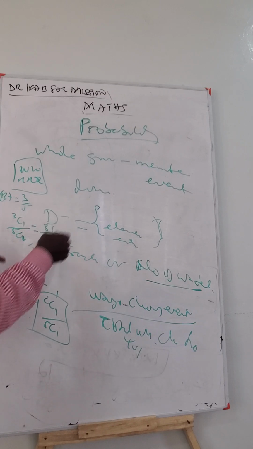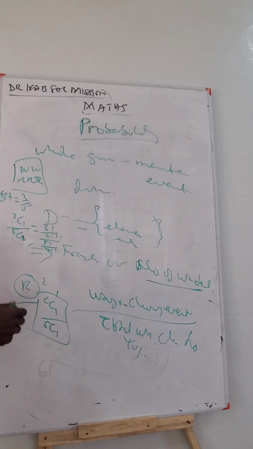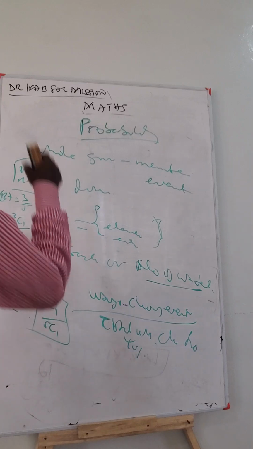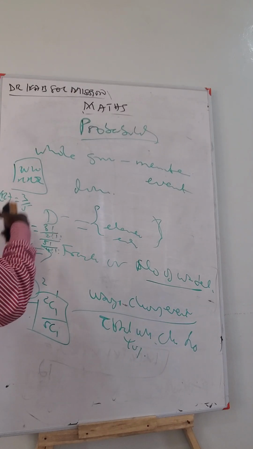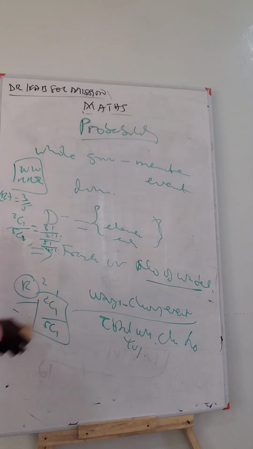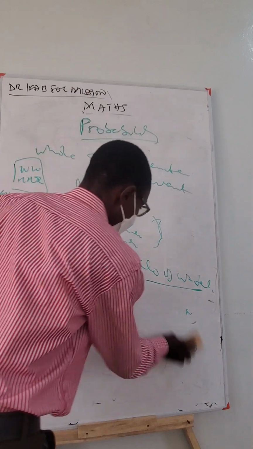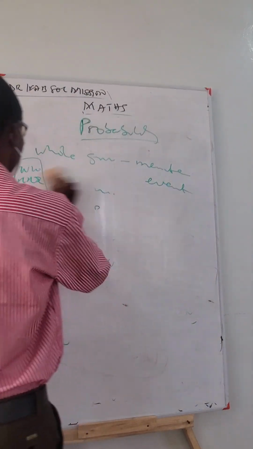So if you do that, you end up coming back to the same answer like the fraction. That's what I mean. So selecting it from its main group and then selecting it from the total group. That is how you can use this to get your answer.